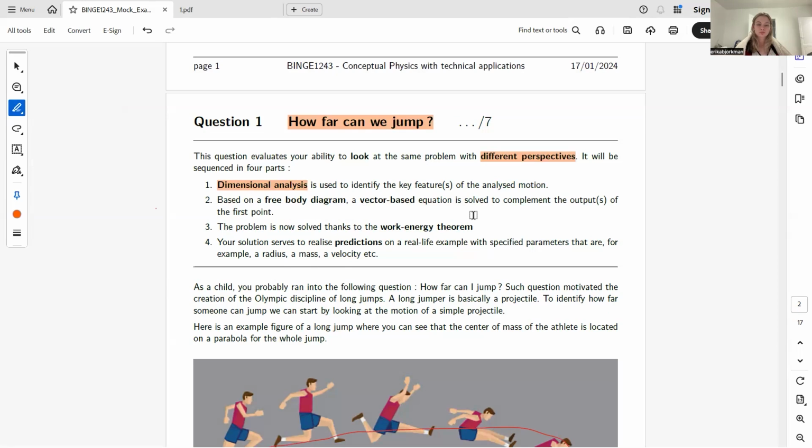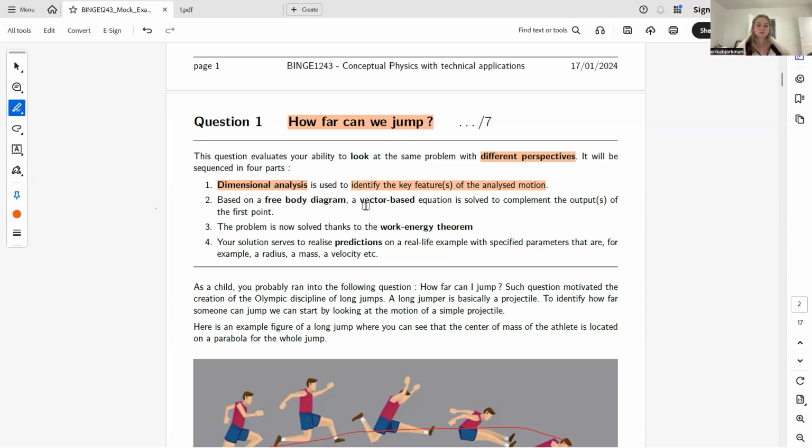So, first part, dimensional analysis. In our past modules we have discussed dimensional analysis, using the dimensional rules to derive the formula for some specific term, for example, for the range or for the time of flight. Actually, we will do that in this part. It is used to identify the key features of the analyzed motion based on a free body diagram.